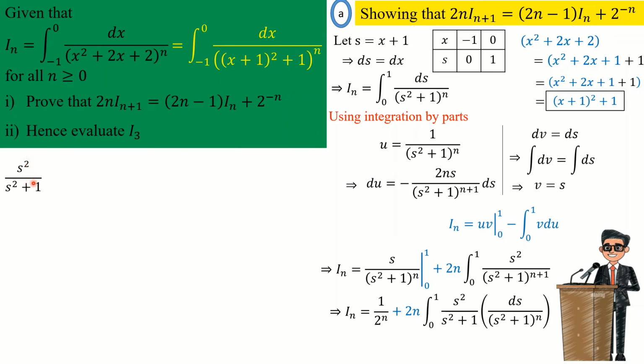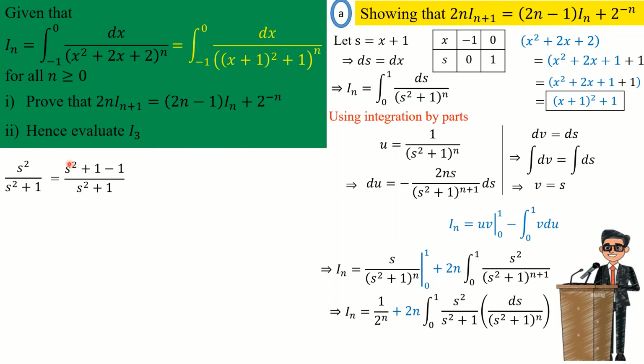It's a bit confusing, but this is what we are trying to do. We are trying to make s squared look like s squared plus 1, but still s squared at the end. So simply what we'll do is that we add and subtract 1 to s squared.